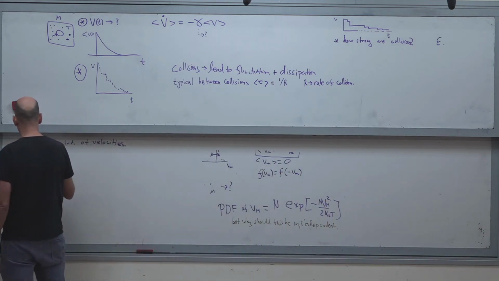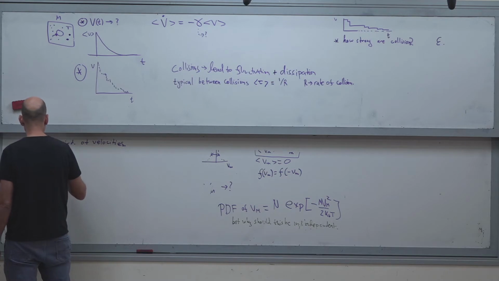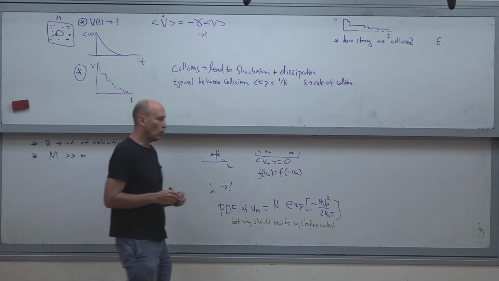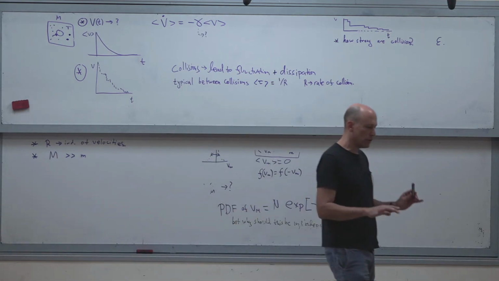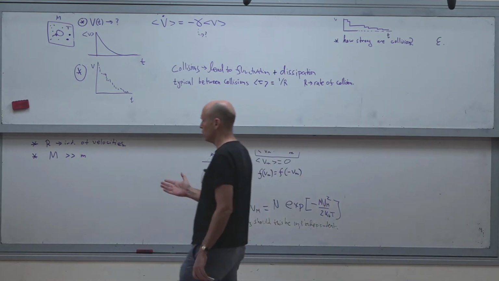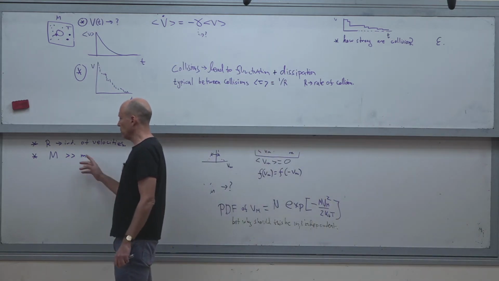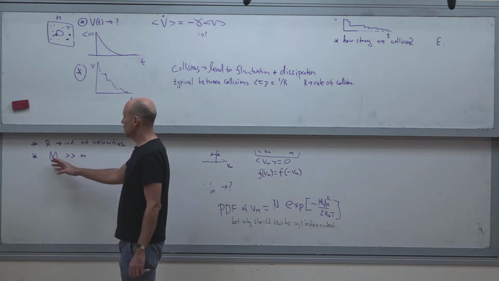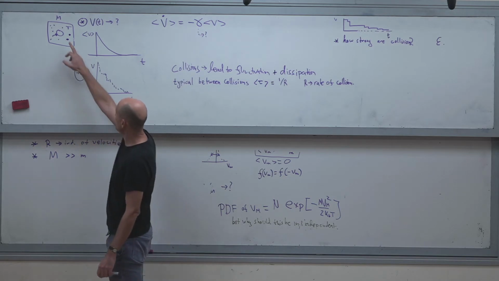I'm going to assume also that the mass m is much bigger than the small mass. Now, we will solve the problem in generality when the masses are the same. We can also solve this. But this is the most important limit that we are interested in. This is the massive particle, this big one.